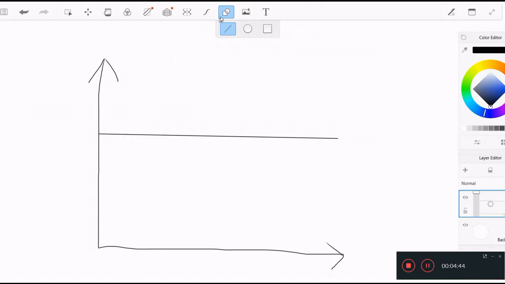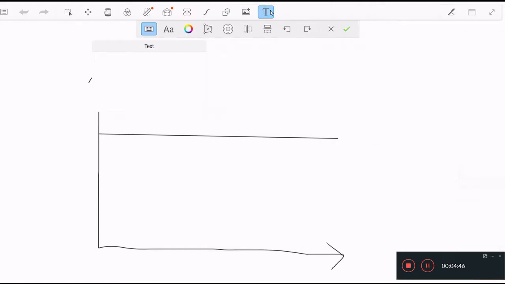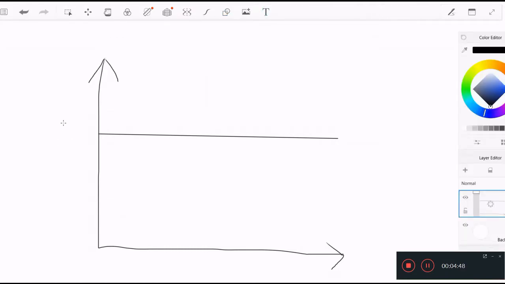In this case, maybe the graph touches the y-axis at 3. So you just have to write the function as y equals 3, without the x. This is the third type.